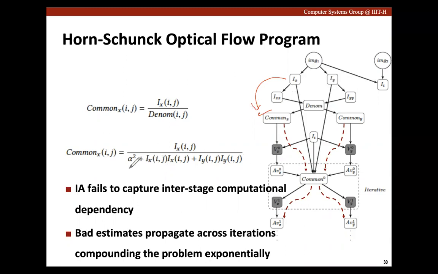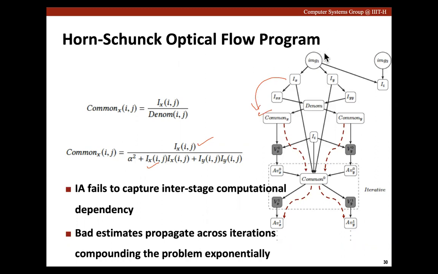If you expand the computation, IX is there in the numerator, and IX square is there in the denominator. So this critical relationship between IX in the numerator and the denominator is lost. In the absence of that, the estimates that you get for the variables at the common X stage would be pretty bad.